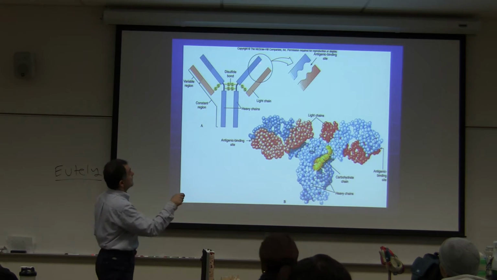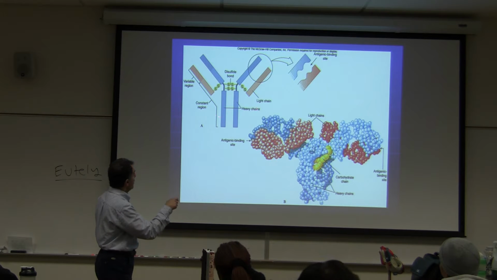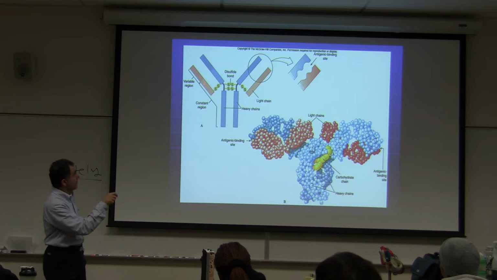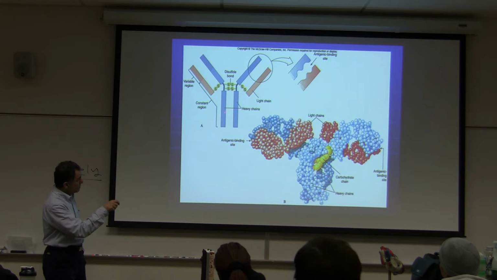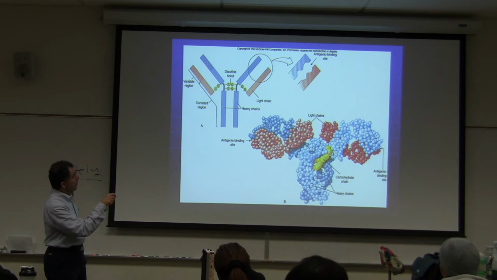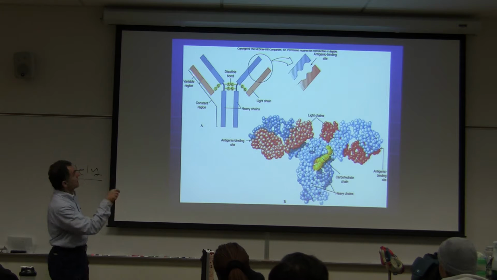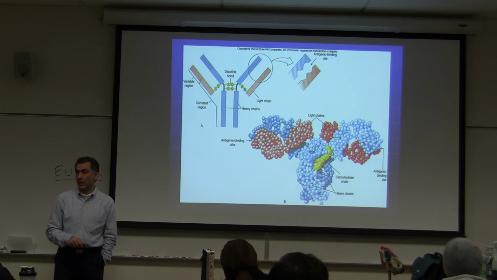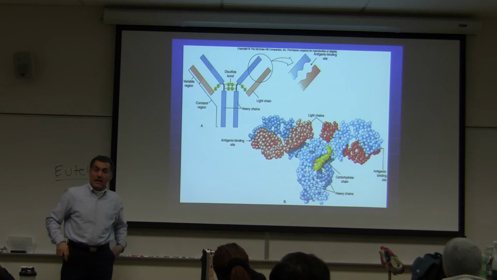And what happens? All of this is heavy chain. You see a constant region. From here all the way to here is the constant region. What is variable? What is different? The sequence of amino acids right here and right here. It's called the variable region. How varied it is depends on the infection.